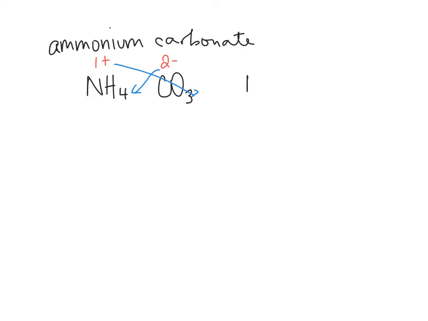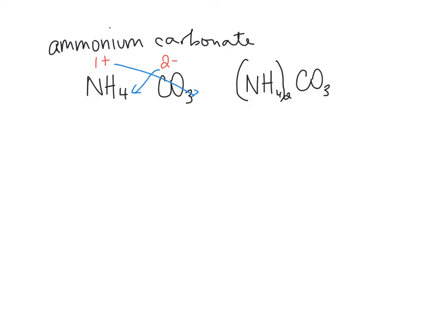So we end up with NH4 with a 2 and CO3 with a 1, but we don't write the ones. Now, this makes it look like there's 42 hydrogens. So what you do when you drop the subscript is, if it's a polyatomic ion that has a subscript now, you put the polyatomic ion in brackets.